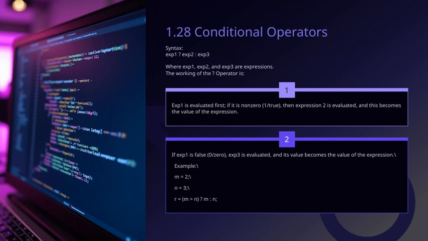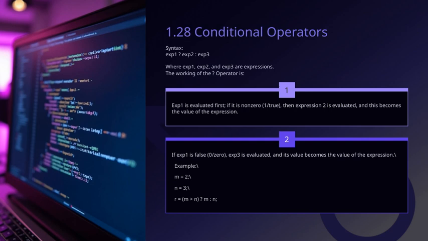To make this clearer, let's look at an example. Suppose we have 2 variables, m equal to 2 and n equal to 3. We want to assign the larger of the 2 to a variable r using the ternary operator. We write r equals m > n ? m : n. In this case, m > n evaluates to false because 2 is not greater than 3.